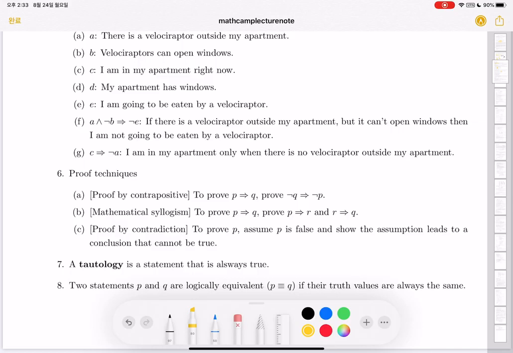And you can also use a proof by contradiction. Proof by contradiction is, to prove P, you assume P is false, and you show that the assumption that P is false leads to a conclusion that cannot be true, so it's a false. Okay.